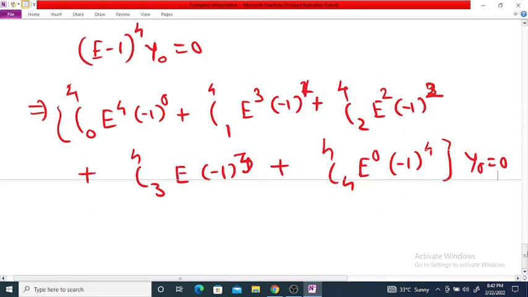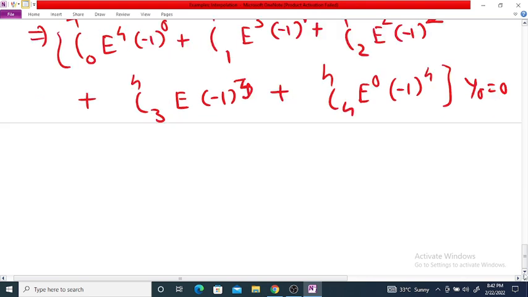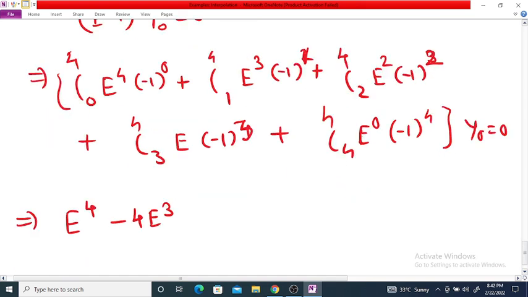Now 4c0 is 1, 4c1 is 4. So the first term is e raised to 4, then the second term is minus 4e cubed. 4c2 is 4 factorial divided by 2 factorial into 2 factorial, which is 24 divided by 4, so it is equal to 6. So 6e squared, minus 4c3, which is 4, so 4e.